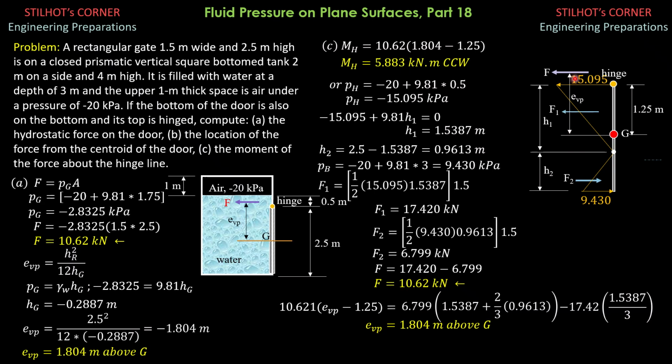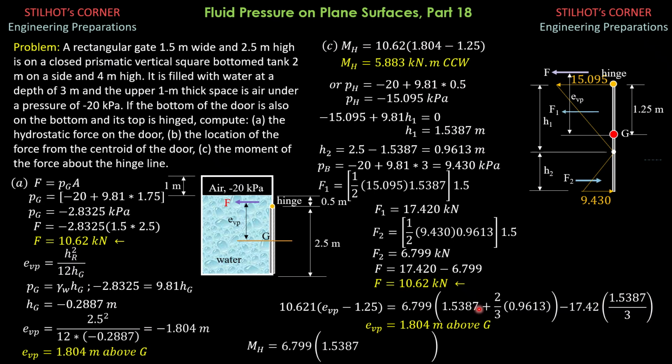It's indeed above G. Then finally, the moment of the force about the hinge is F times the center of pressure minus 1.25, which is this. And this formula is the same as this. So the moment at the hinge, I just use this, let's copy this, which is counterclockwise.